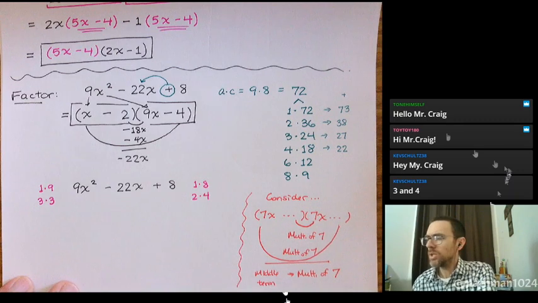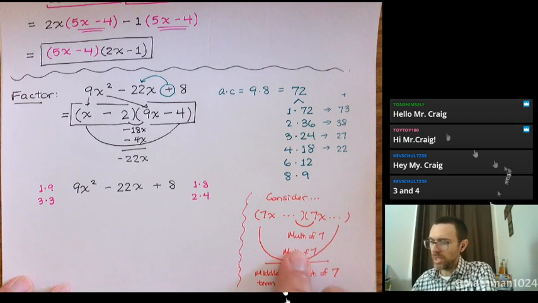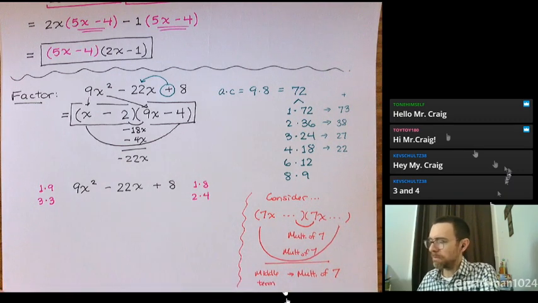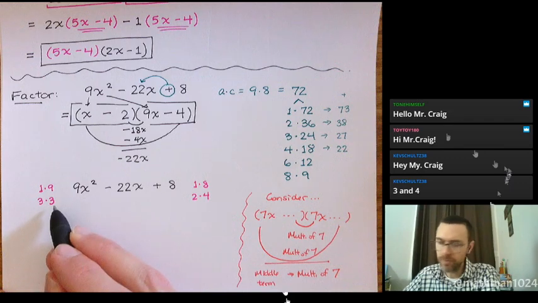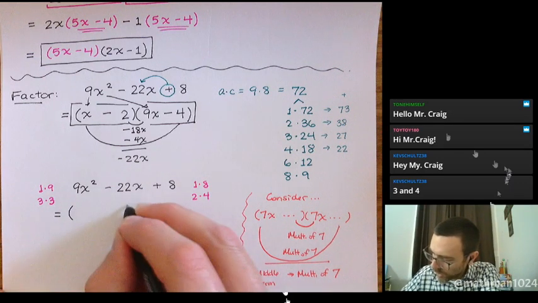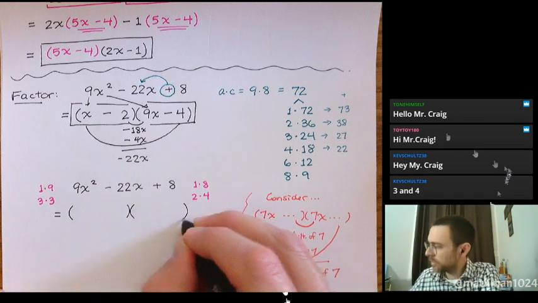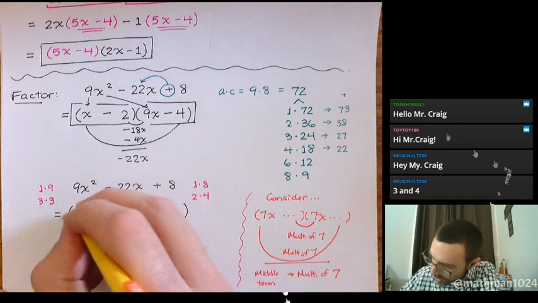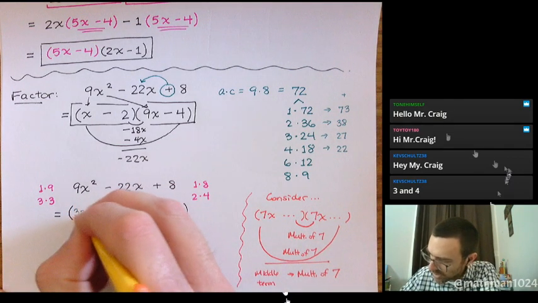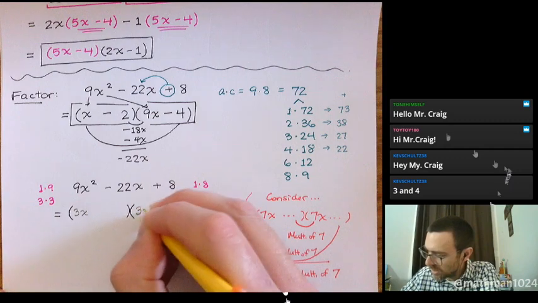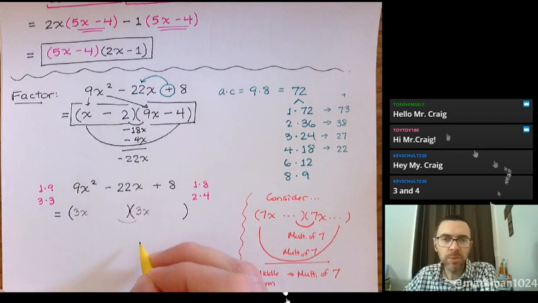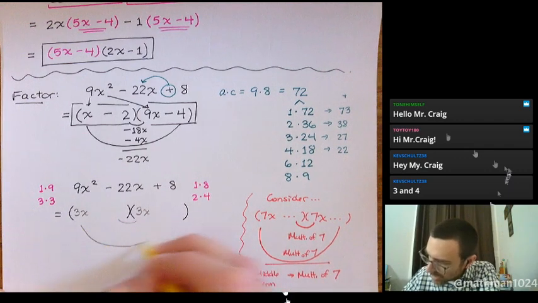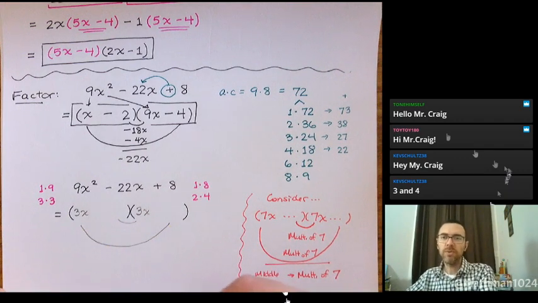Okay? So the reason I'm showing this to you is because of some of these factors that we have up here. If you try to break 9 down as 3 times 3, because of the way that it works, if I said 3x times 3x, the inside piece would be a multiple of 3, the outside piece would be a multiple of 3.